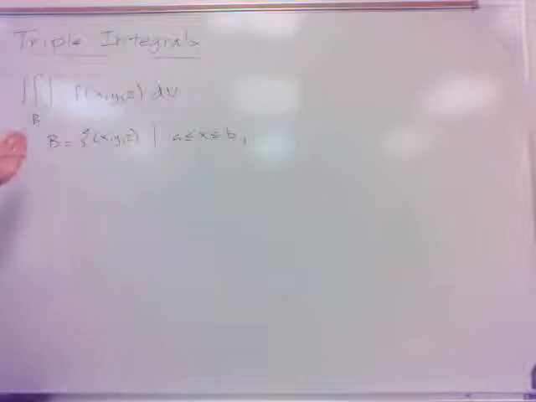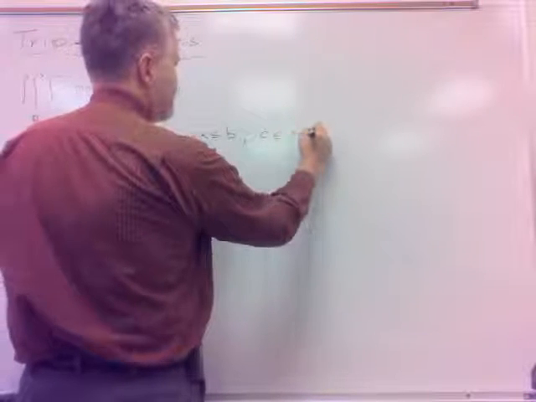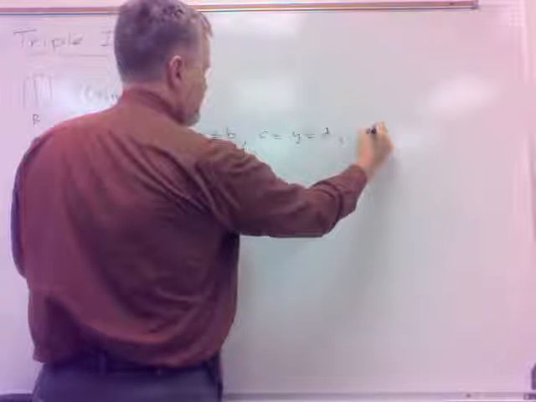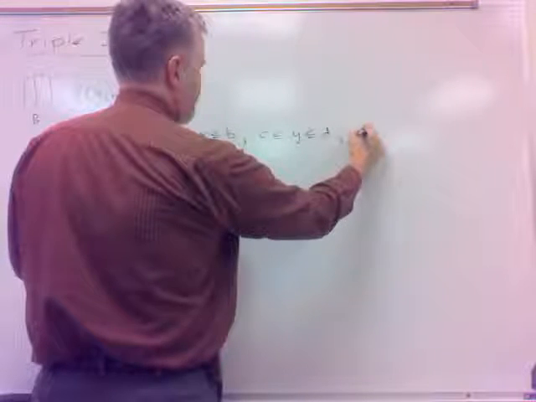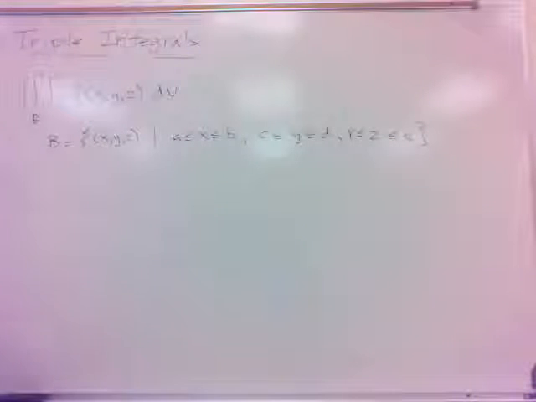B is the region made up of all the points x, y, z, where x is between A and B, y is between C and D, and z is between R and S. I don't know why they choose to jump up to R and S, but that's what they do. All right. So what we have here then is, what is region B?